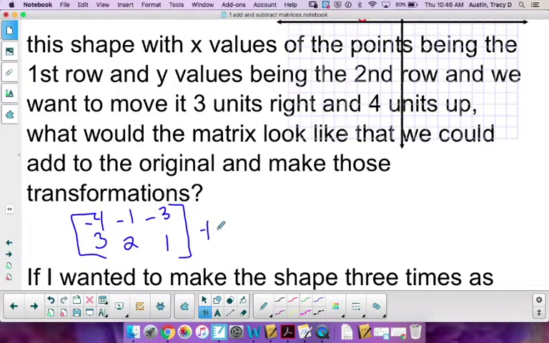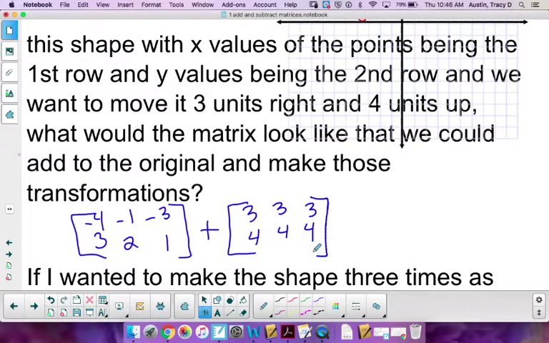So if I want to transform this and make it 3 units to the right, so that affects the x, and 4 units up, that affects the y, I would need to add, and the matrix would have to be the exact same size, right? Otherwise we can't add. 3 units to the right, well, that's positive 3 on the x, and 4 units up, that's positive 4 on the y.